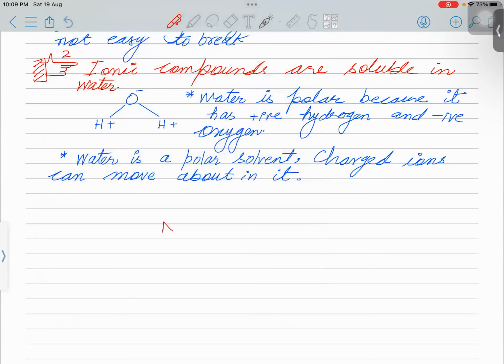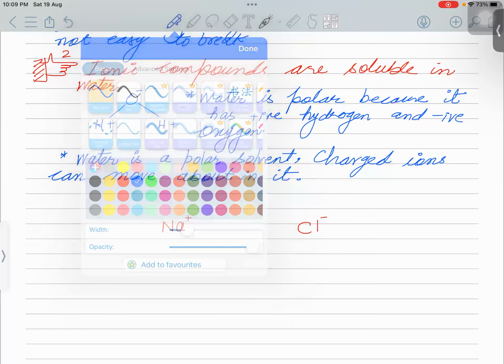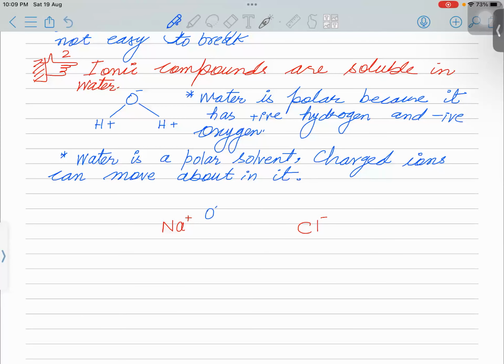Now you can see that if you have positive charged ions and negative charged ions, this is water. O is negative, so sodium is attracted towards oxygen, and it dissolves. This is negative charged.